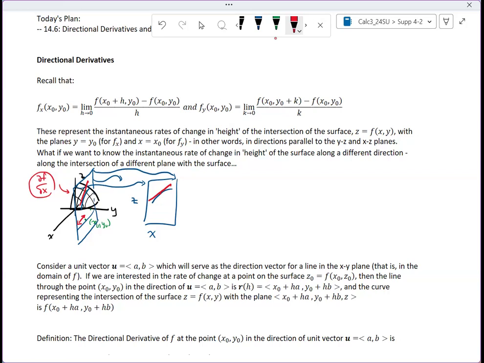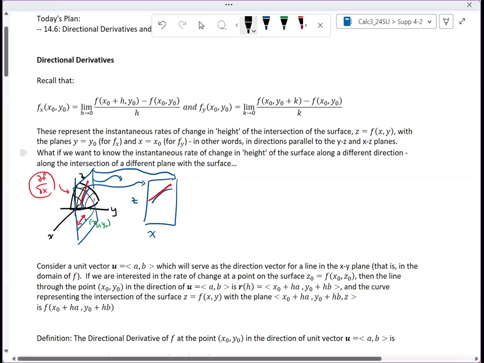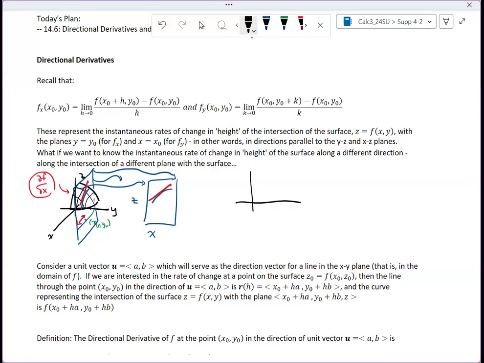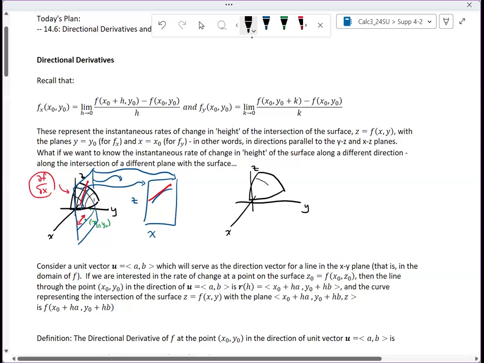But I might ask myself, okay, what if I had this surface? Let me try to draw it again. What if I have this surface, like I have over here?